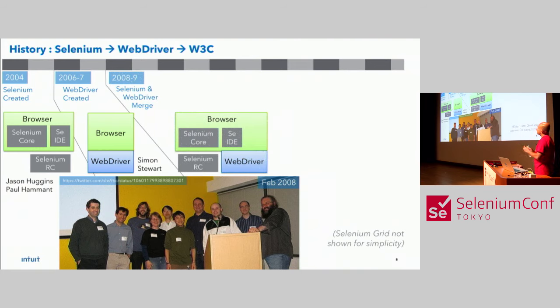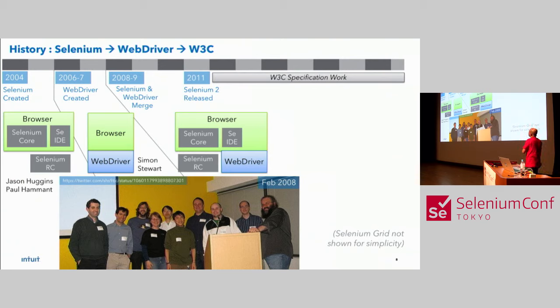All right, the decision was made. Selenium and WebDriver projects began to merge with the release of Selenium 2. And it's at this point that work on the specification began in 2012.